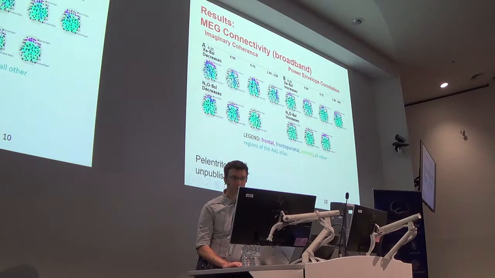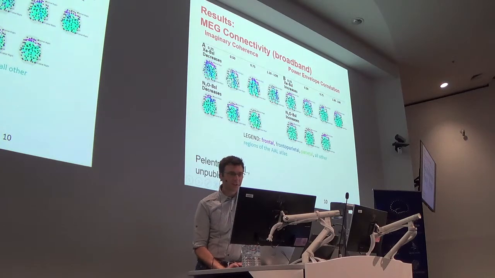Frontal is purple, frontoparietal is blue, and parietal is green. It's kind of hard to pick it out here because I saw these figures for the first time today.